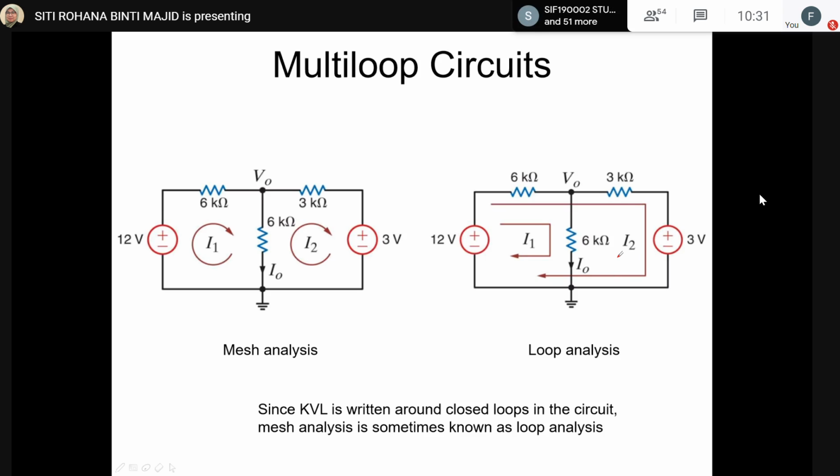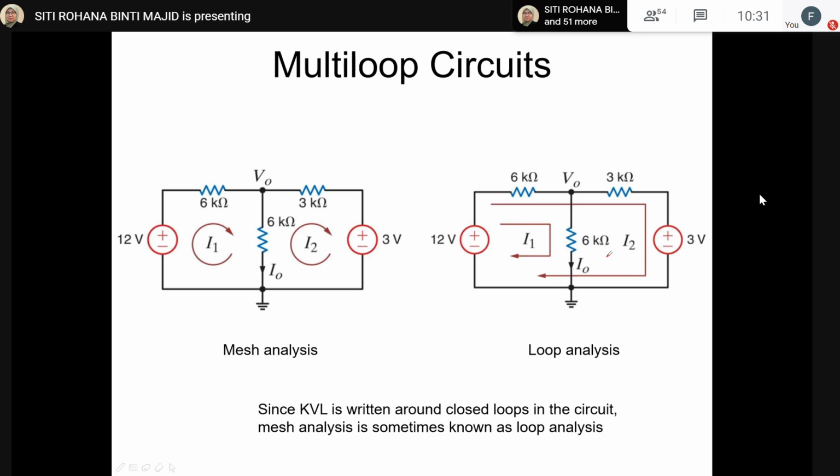But for the loop analysis, it will exclude the total current flowing across the 6 kilo ohm resistor. Okay, so we can write a KVL around the closed loop in the circuit.